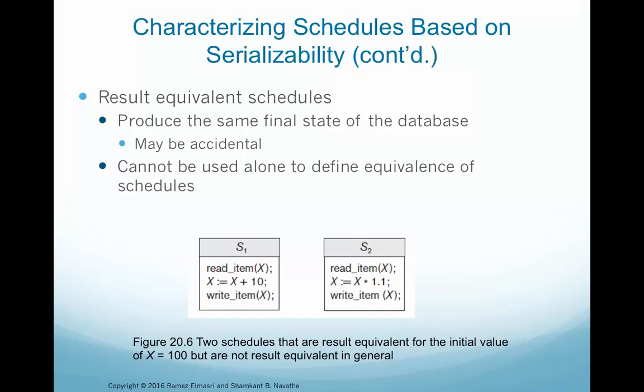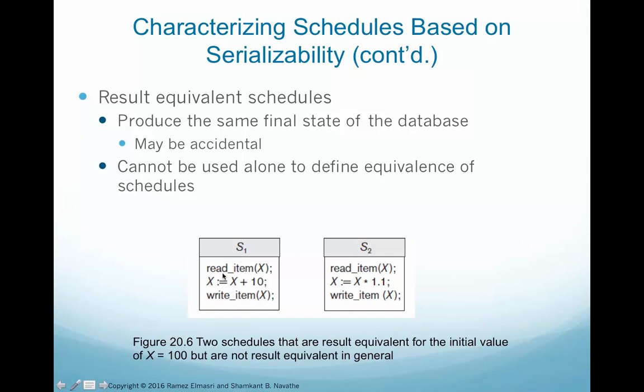Now there's also the concept of equivalent schedules, where the two schedules are equivalent if they produce the same final state of the database. But just because they produce the same state, it doesn't mean they are equivalent, because producing the same state could be accidental, as shown in this figure.